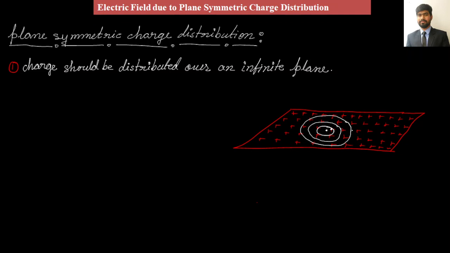But if the charge density depends on the coordinate system, then you will see a different charge density on each circle, which have different radius.